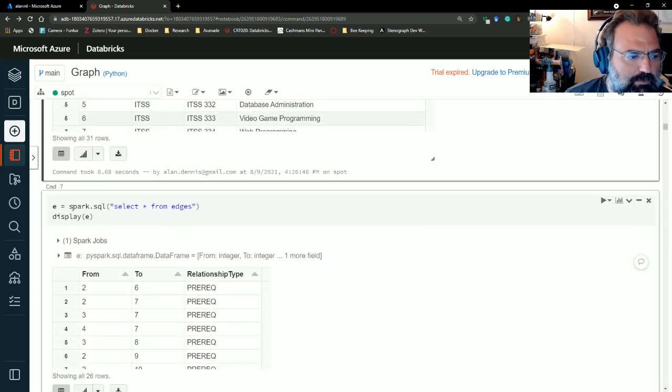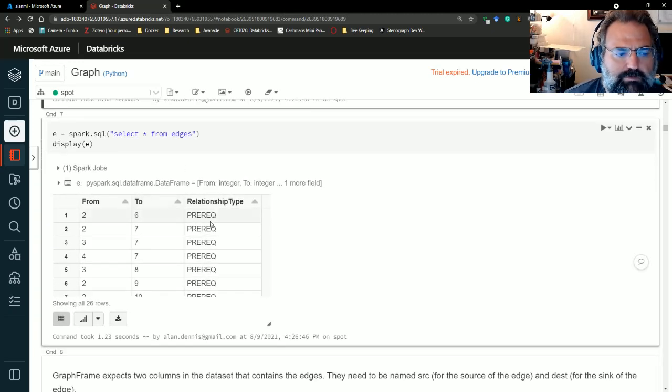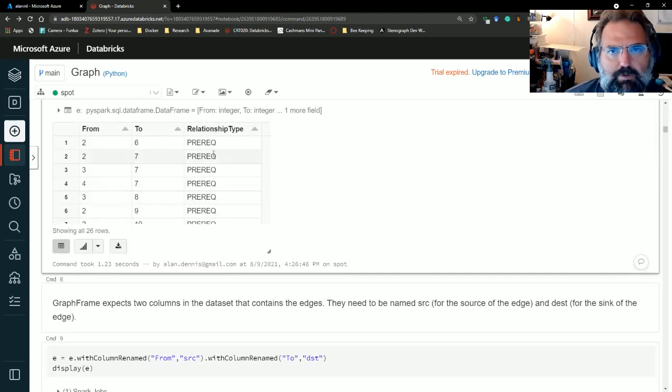A similar sort of concept, I select E from edges. So basically there's a table out there called edges, which corresponds to essentially a CSV of edges that I imported. These are the arcs between nodes, right, essentially, or vertices. So from an ID to an ID with a certain type of relationship, in this case prerequisite.